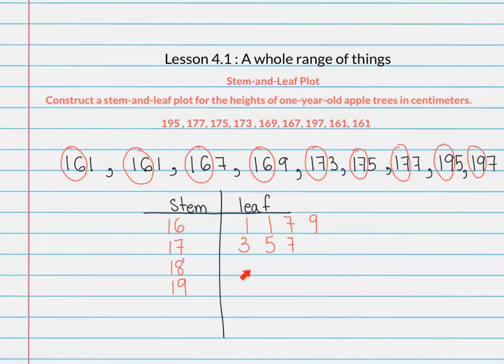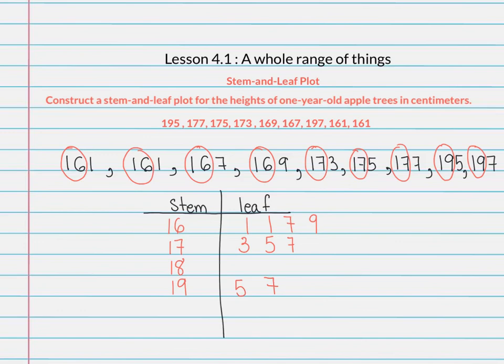We don't put anything. This means that we don't have data that has a stem of 18. We don't write anything next to it, but we keep it because we need them in order. Now we move to stem 19. We have a leaf of 5 and a leaf of 7.